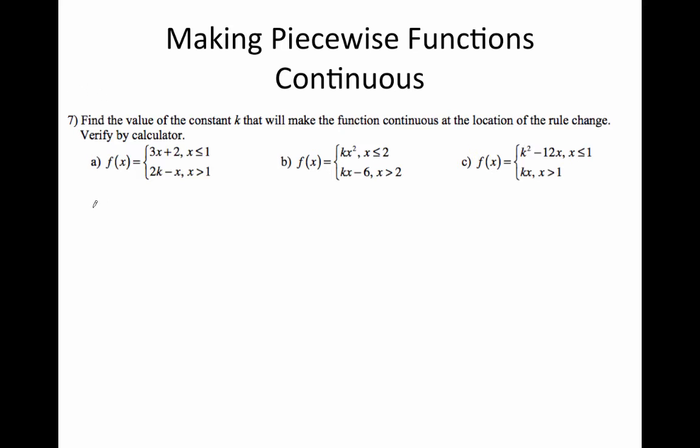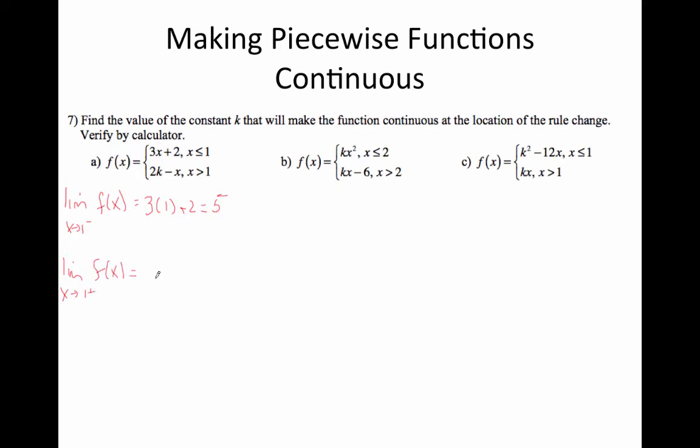So if we look at part A, we'll do the limit as x approaches, okay, what's the break-off point? 1. We'll do it from the left of f of x. The rule I'm going to use there is 3x plus 2. So that limit is 5. So in order to make f continuous at 1, the limit from the right has to also equal 5. Let's see, based on what they gave us, what the limit from the right looks like.